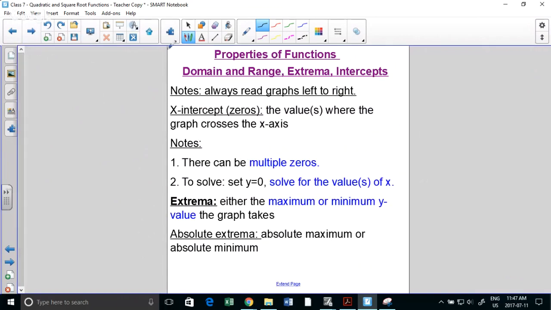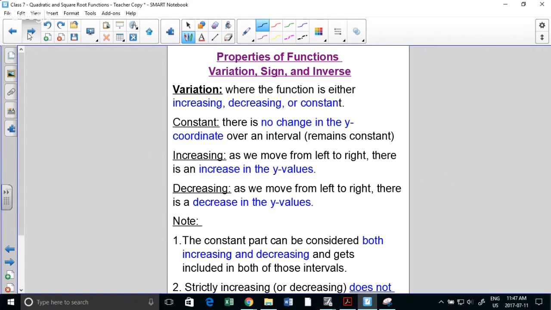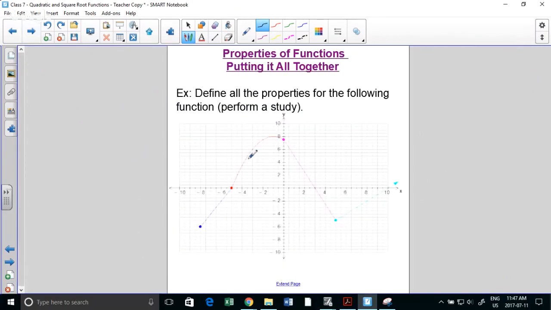The other property is the x-intercept, the value where the graph crosses the x-axis. This can still be a function even if there are multiple x-intercepts. Notice in this picture, we have one y-intercept, but we have multiple x-intercepts. That's fine. This is still a function. It passes the vertical line test.